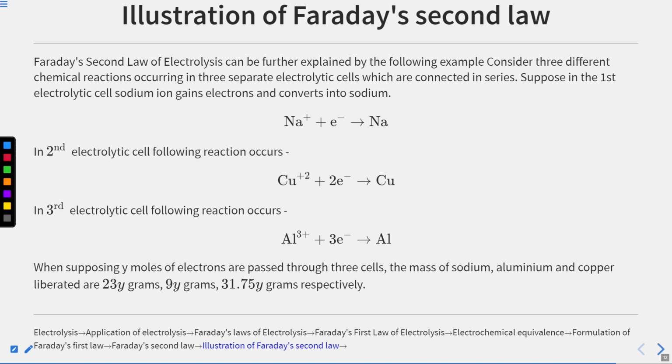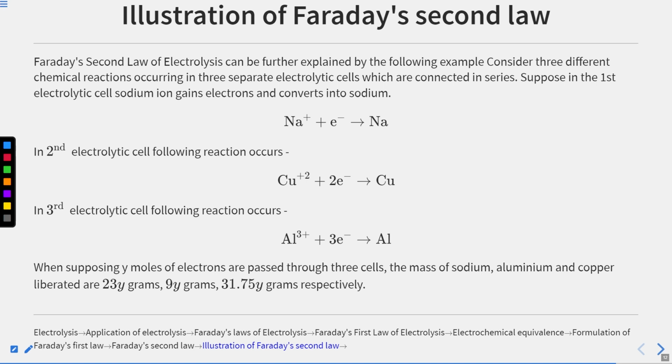And in the third electrolysis cell, the reaction is that aluminium 3 plus is going to aluminium. Now the first is requiring 1 electron, the second is requiring 2 electrons, and the third is requiring 3 electrons. Now suppose that y moles of electrons are passed through each cell. Then the mass of sodium, aluminium and copper will be what?